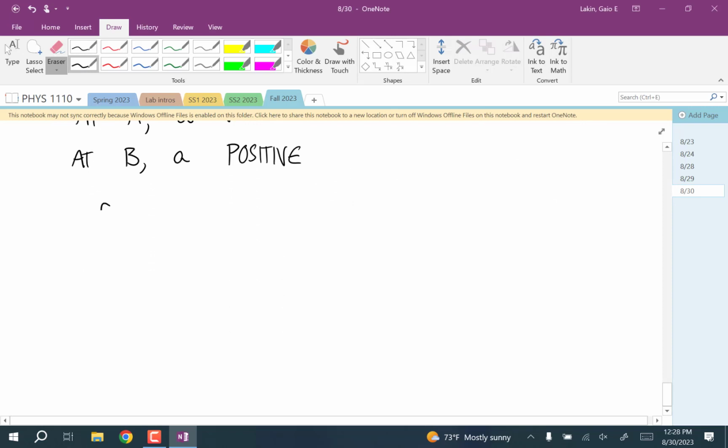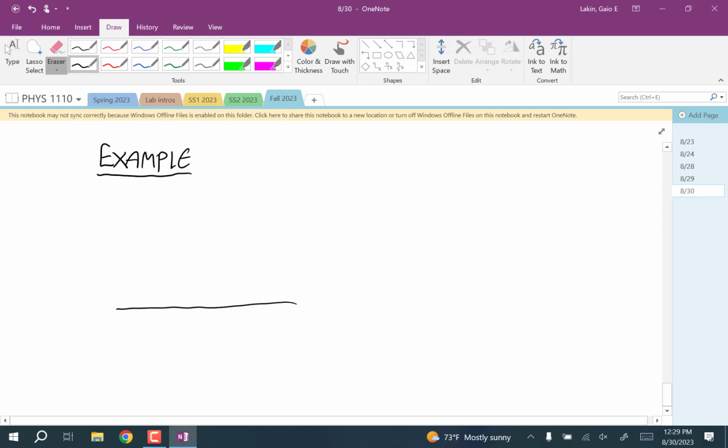Okay. So let's say that's a position versus time graph.